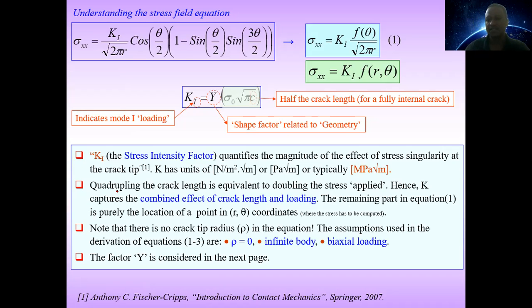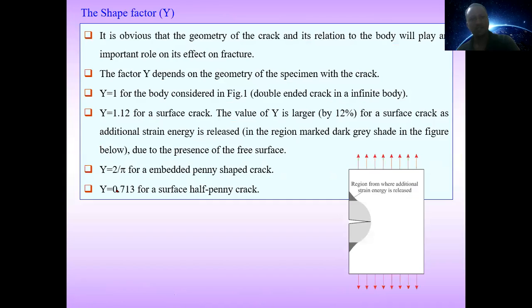The remaining part in equation 2 is purely the location of the point in r and theta, that is the coordinate. Note that there is no crack tip radius rho in the equation. The assumptions used in the derivation of equations 1 to 3 are rho equal to 0, infinite body, biaxial loading. The factor Y is considered in the next page.